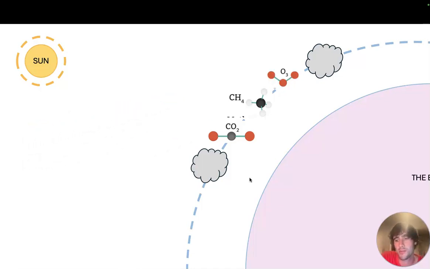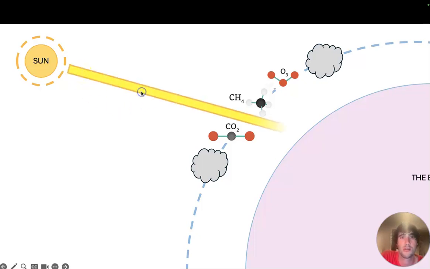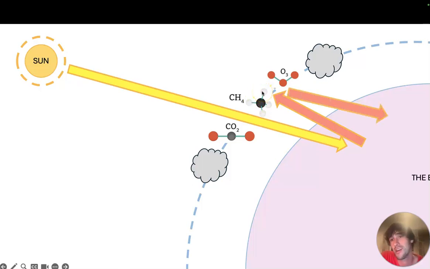And the same effect applies to these things as previously with the water. So if sunlight comes in, it hits the Earth, and we get the infrared radiation coming out. It can hit these molecules, and it can bounce back to hit the Earth and warm it up. There is a difference, though, between these particular greenhouse gases and water vapor as a cloud. These don't reflect light out into space at all.